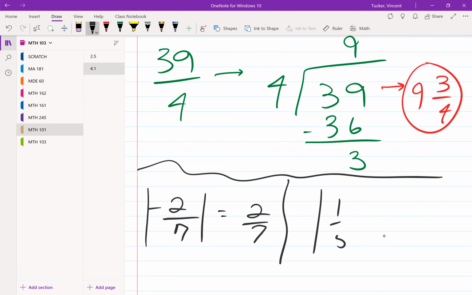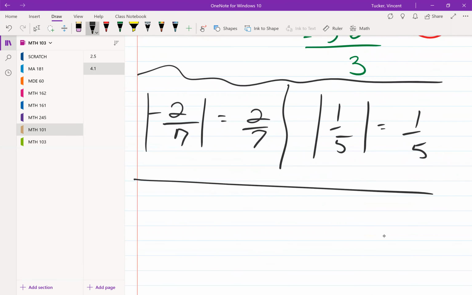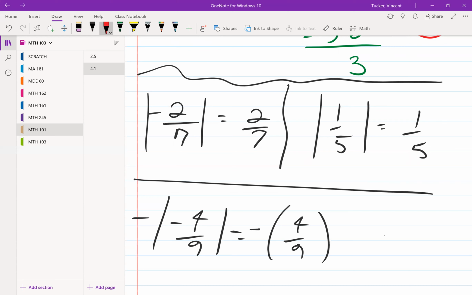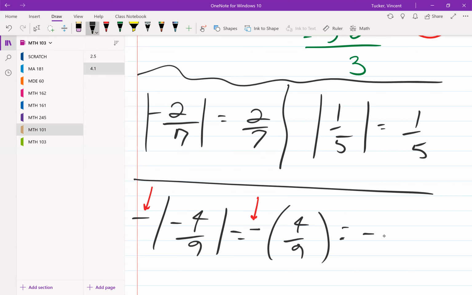Absolute value of 1/5 is 1/5. Absolute value of -4/9 is -4/9, but don't forget that this negative sign is not affected by the absolute value, so it's still sitting outside. So that'll still be -4/9.